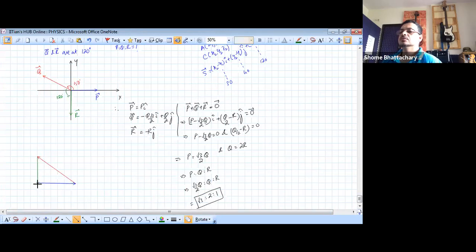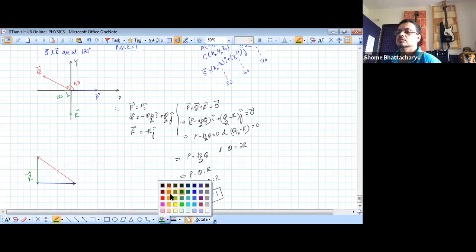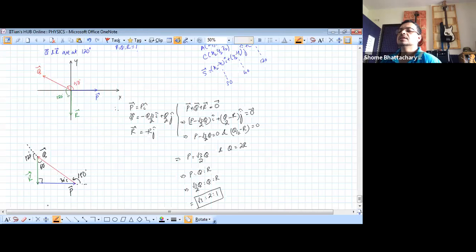If their sum is 0, now this angle, the angle between P and Q is given to us as 150, which means this interior angle is 30, and the angle between Q and R is given to us as 120, which means this interior angle is 60, which means that this has to be 90.